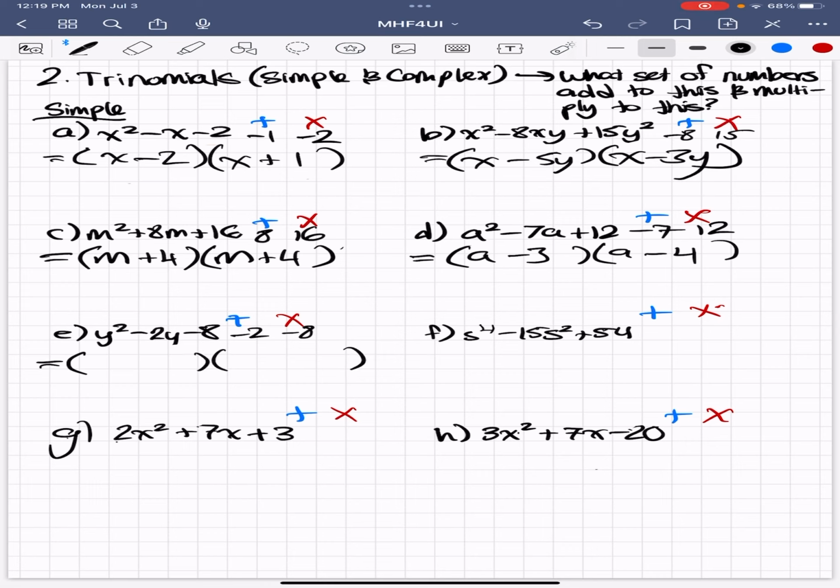So what two numbers add to -2 and multiply to -8?